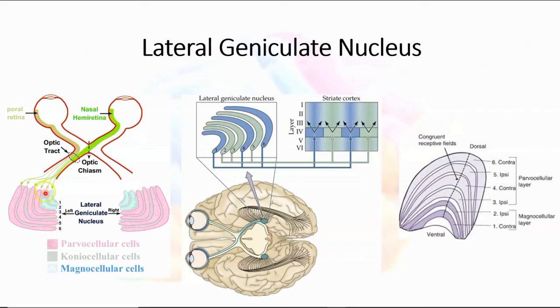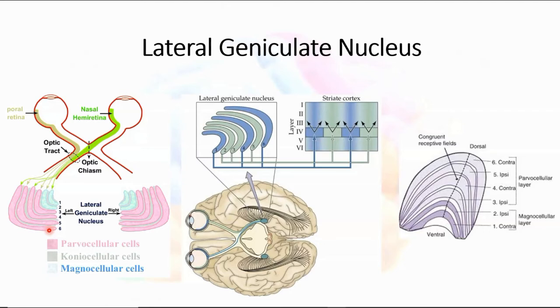Layers 1 and 2 are magnocellular layers that contain relatively large cells that receive inputs from parasol ganglion cells. Layers 3 to 6 are parvocellular layers that contain relatively small cells that receive inputs from midget ganglion cells.